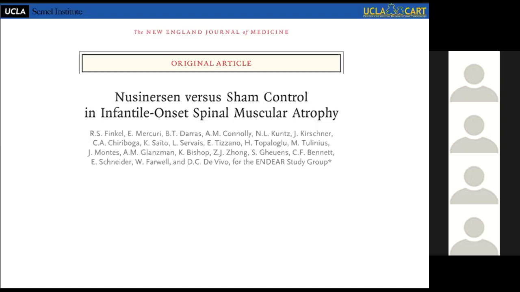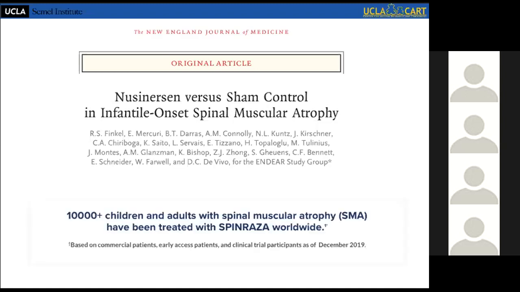With ASO technology, a trial was conducted that was actually stopped halfway through because they were showing profound gains, preservation of motor skills in these babies with SMA. Now it has led to this therapy called nusinersen that's been used in thousands of children and adults worldwide.